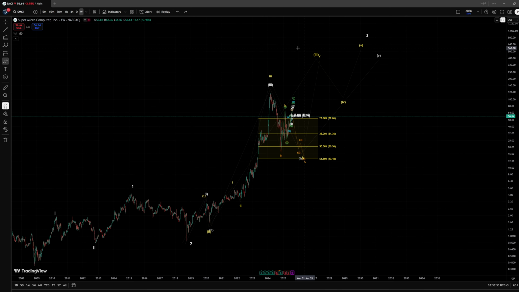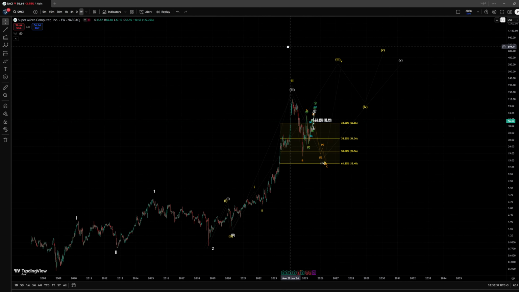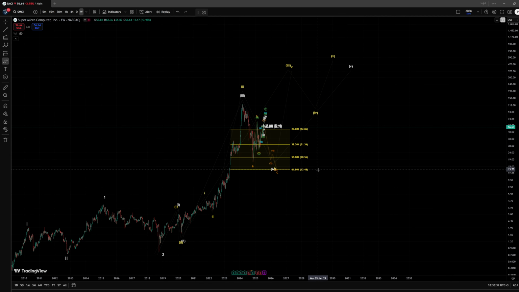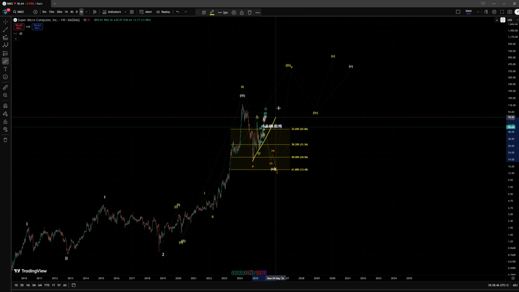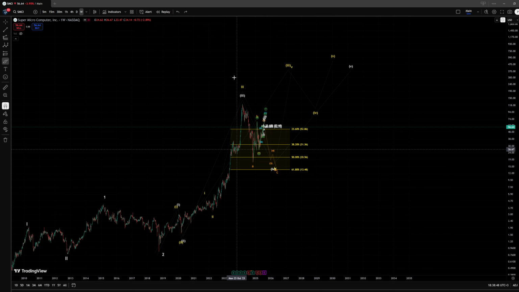Now, they don't differ much at all, actually very little, only in where the support zone would lie, until we actually complete the next movement to the upside in the fifth wave.